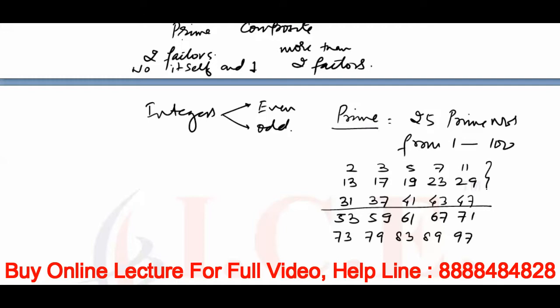You'll understand that there are 15 prime numbers between 1 to 50 and there are 10 prime numbers between 51 to 100. So your task would be to find out prime numbers from 100 to 200, right?